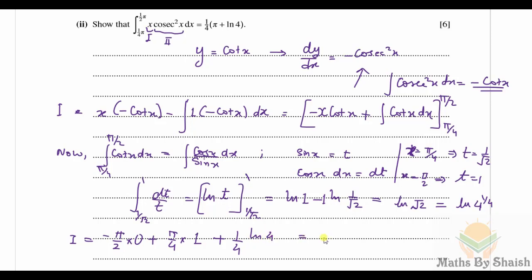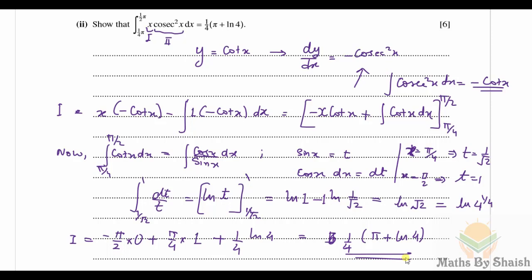So altogether we got the answer. It is going to be pi over, I'll write 1 by 4 common, because it's given in that way, 1 by 4 (pi plus ln 4). So that's it. I hope it is fine.